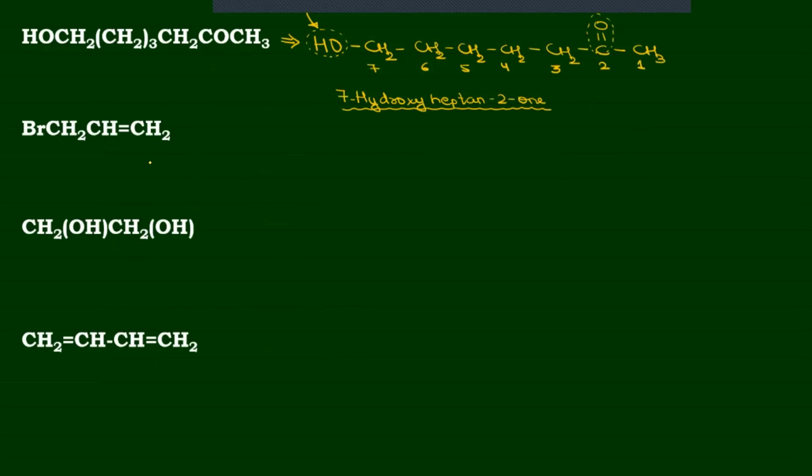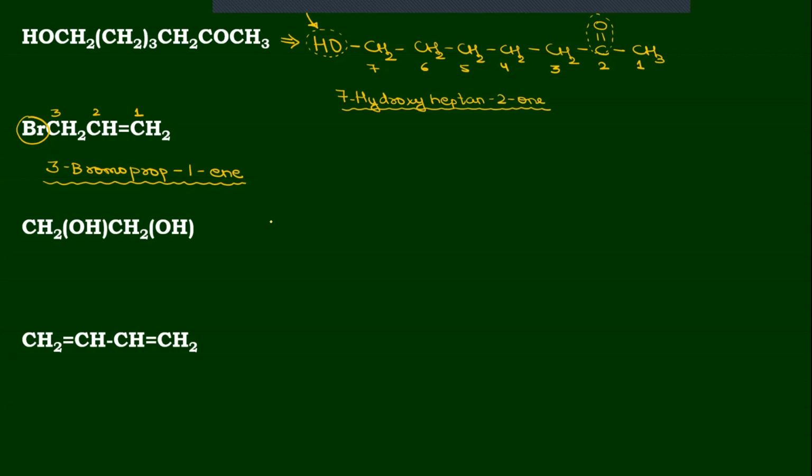If the halide is of lower priority, numbering should be done from the right. So 1, 2, and 3. Bromo becomes a substituent, hence the name would be 3-bromo, prop for 3 carbons, and then ene for the double bond positioned at 1. Complete name is 3-bromoprop-1-ene.